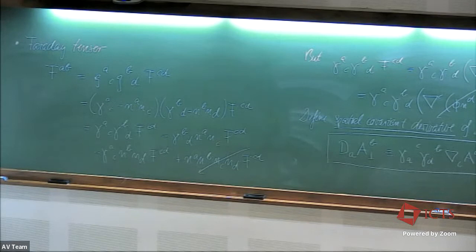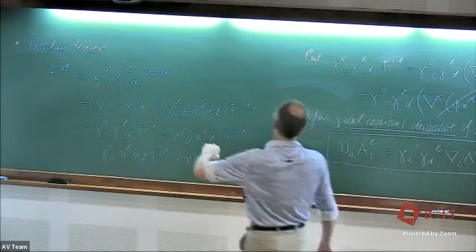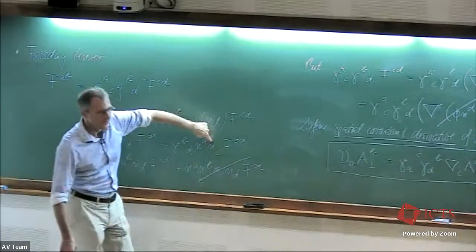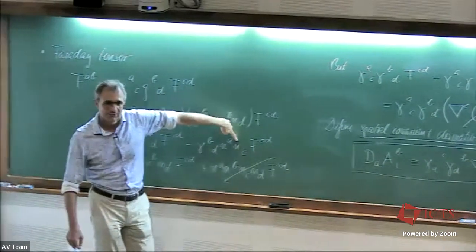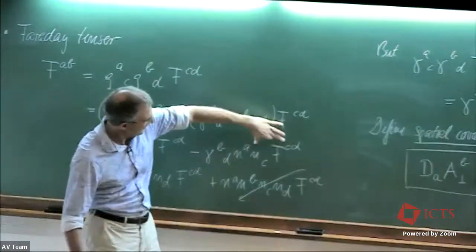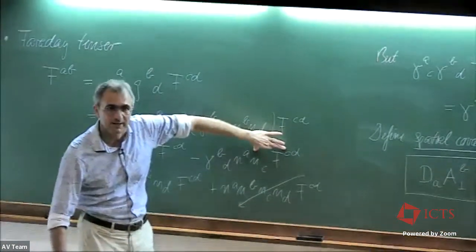And if you contract that Faraday tensor with the four velocity of an observer, then you get the electric field. Is everybody familiar with that? If not, try it out. So that's precisely what we're doing here. I'm contracting FCD with the four velocity of the normal observer. So this gives me the electric field as seen by the normal observer.